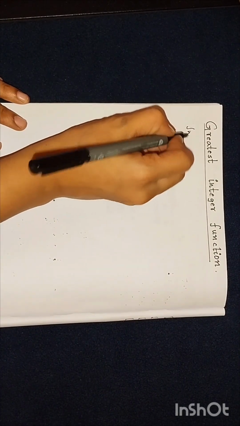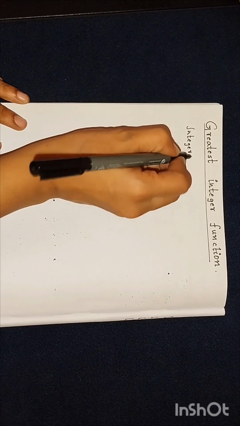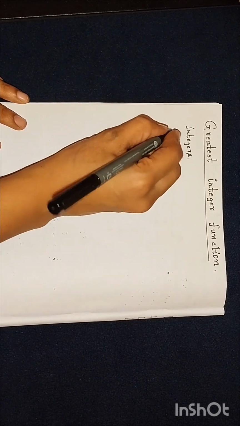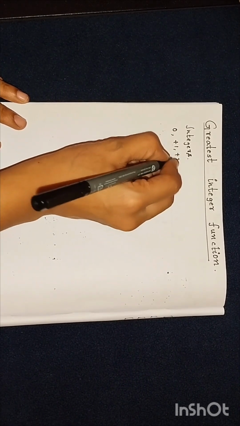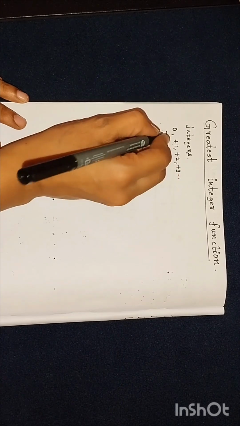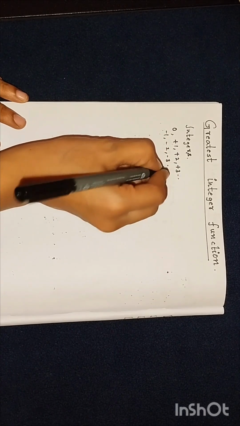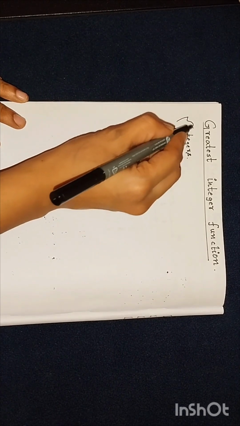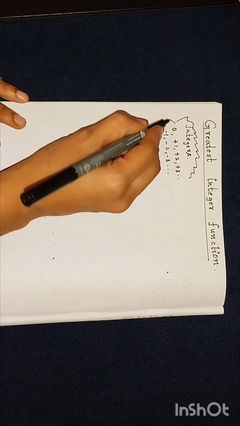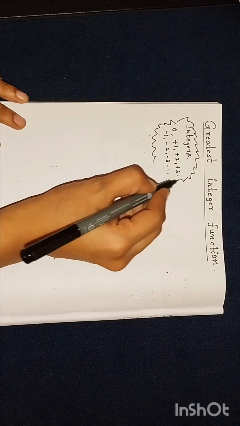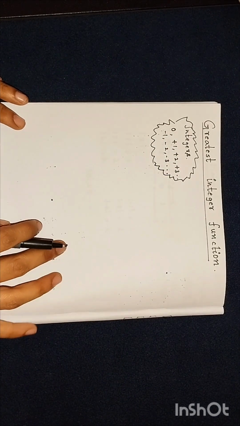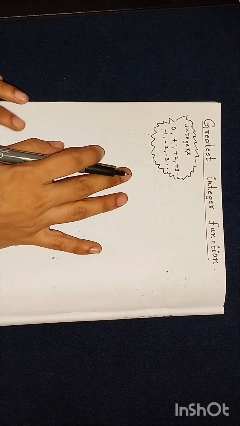So what are integers? We have 0, positive 1, positive 2, positive 3, minus 1, minus 2, minus 3, and so on, right? We call this collection of numbers integers. No fractions, no decimals.